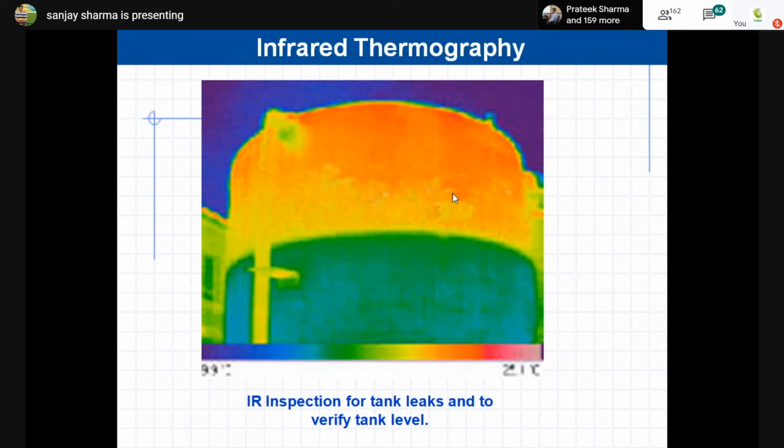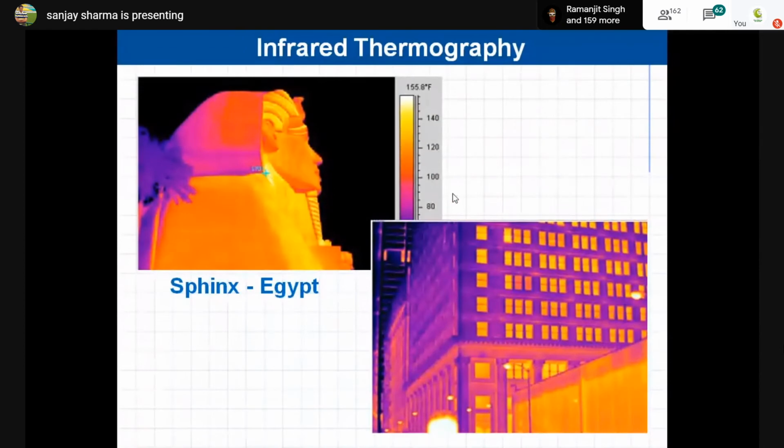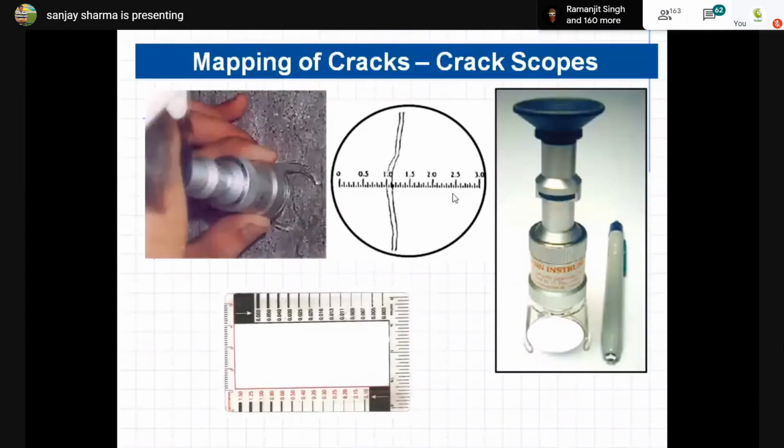He identified the problem, and then we helped Amer Fort find out that water seepage is one of the major causes of the cracks in that fort. So that is how infrared thermography has been used.